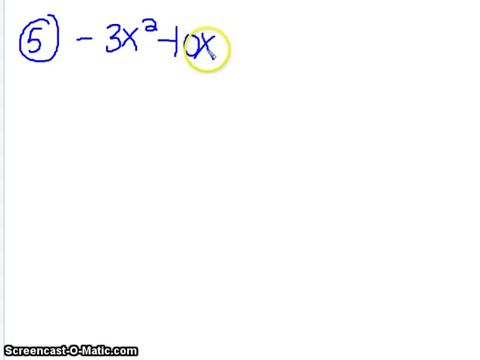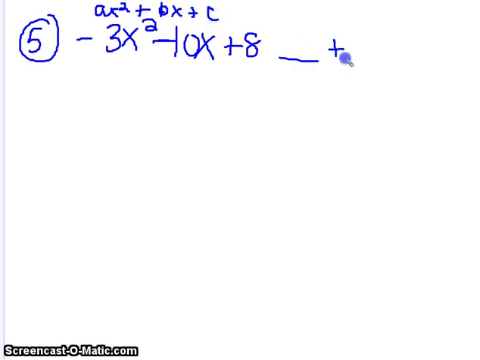I really only have time for one more. So I'm going to do one with a coefficient on my x squared that is not 1. I'm going to try negative 3x squared minus 10x plus 8. This is ax squared plus bx plus c.